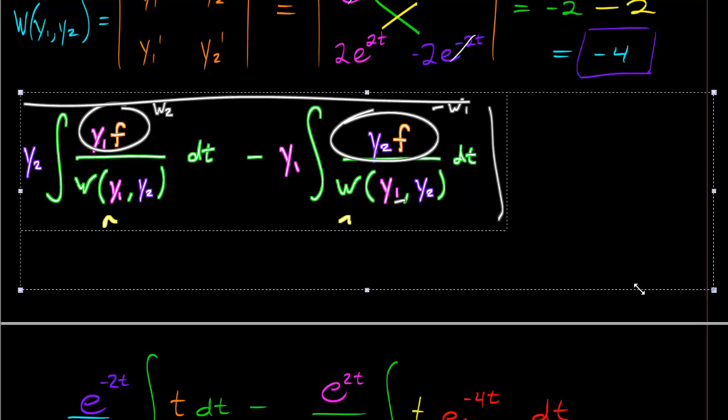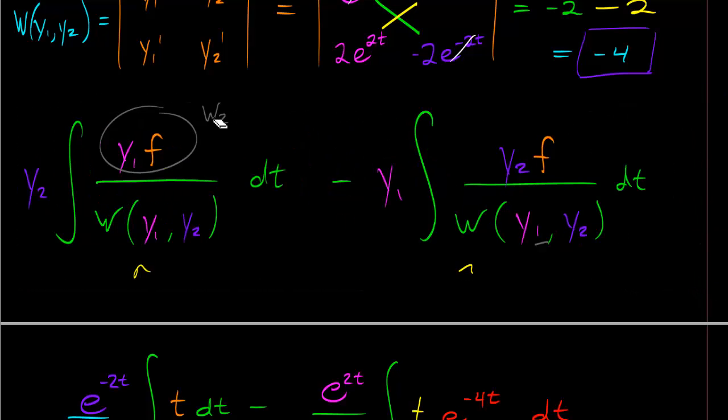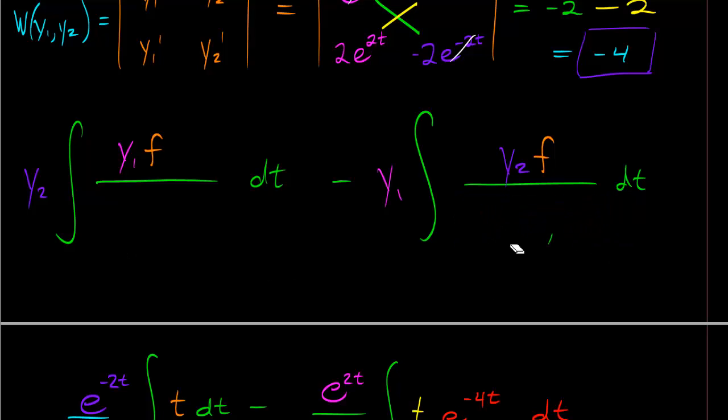So we'll make it a little bigger so it's easier to work with, and get rid of some of this extra stuff. Okay, here we go. So we just figured out this part here, so these two denominators, the Wronskian of y1 and y2. And those are going to be negative 4, so let's erase that Wronskian notation, and we'll just put negative 4 in the denominator here and negative 4 in the denominator here.